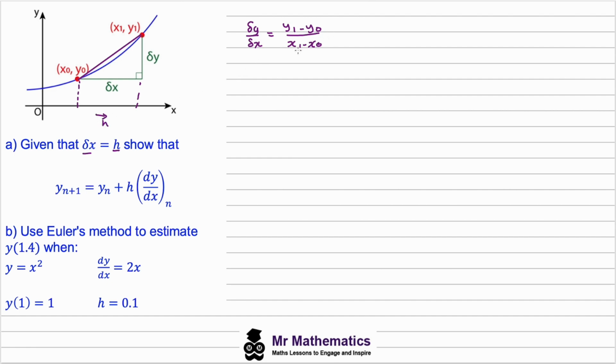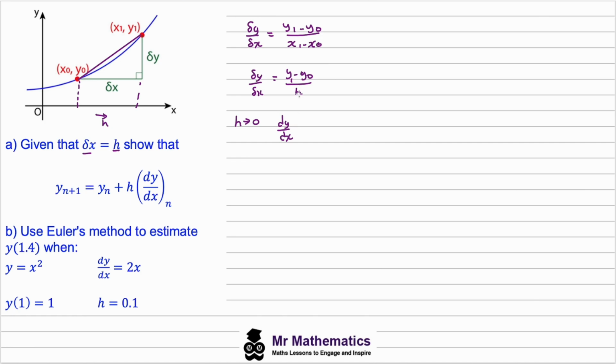So we'll say that delta y divided by delta x will be y1 minus y0 divided by the change in x, h. Now as h tends to 0, so as h becomes very, very small, delta y divided by delta x becomes dy by dx.